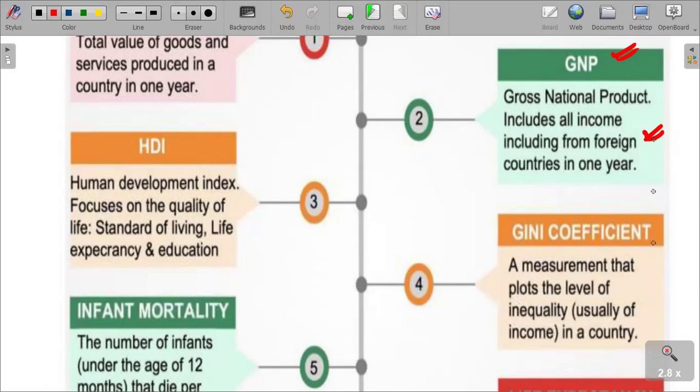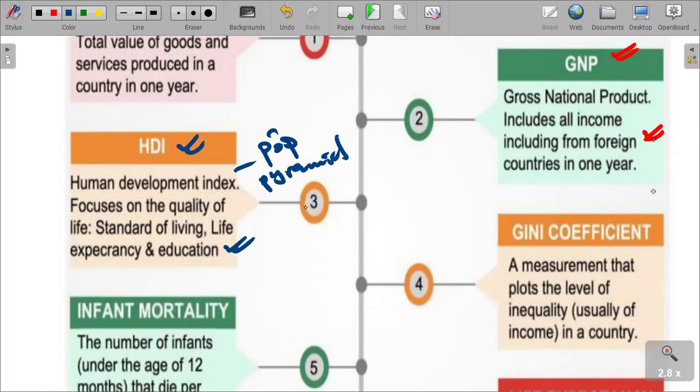The Human Development Index focuses on the quality of life, the standards of living, life expectancy, and education. I'm sure this is also shown through the population pyramid that we've been talking about. The population pyramid also identifies this.